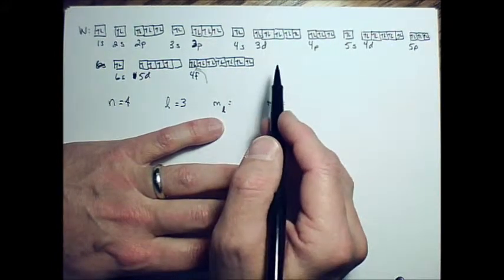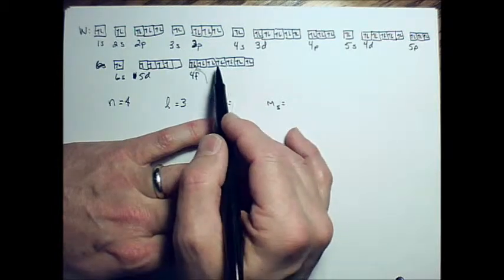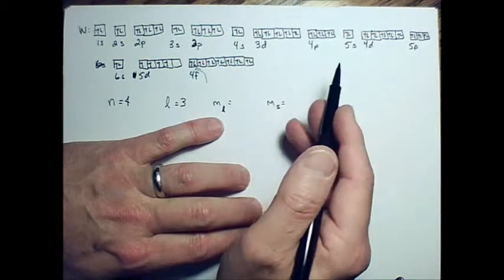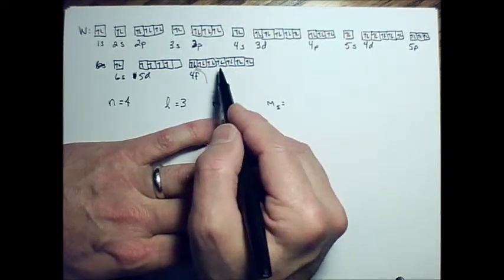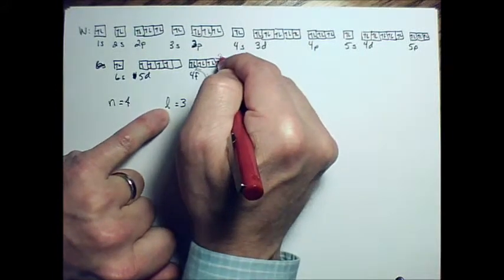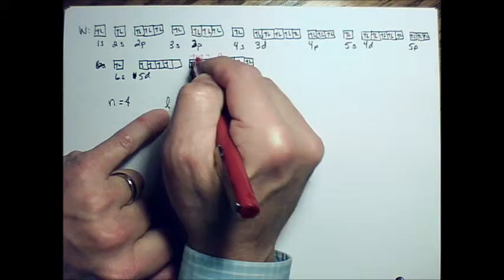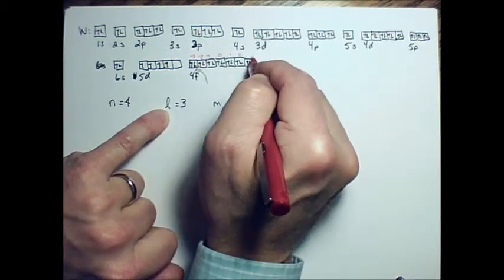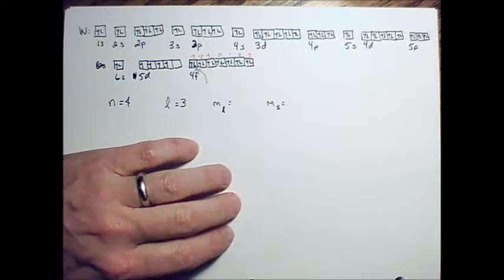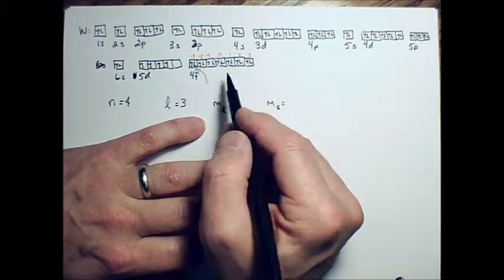Since we know the numbering system always has 0 in the middle and goes down in whole numbers into the negative side and up in whole numbers on the positive side, then we number them like this. We say that this orbital here in the middle is 0. This is -1, -2, and -3. And this would be +1, +2, and +3. That's the numbering system for quantum numbers.